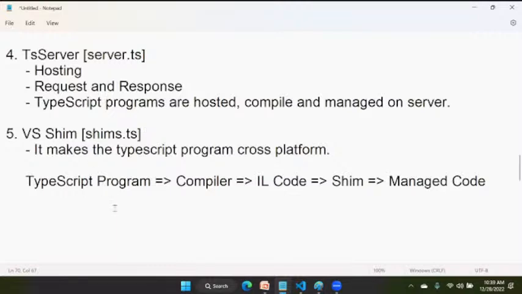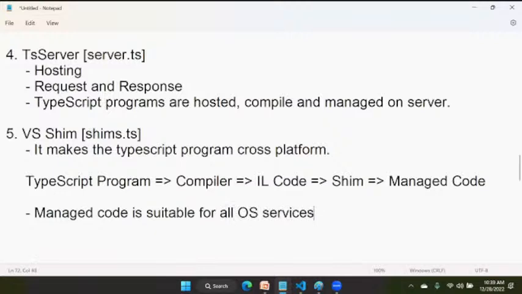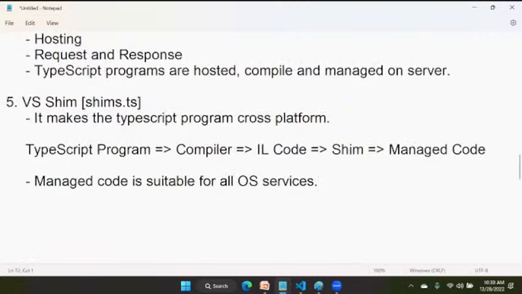Managed code is suitable for all operating systems and all operating system services. If any technology says that it is platform independent, that is because of the shim.